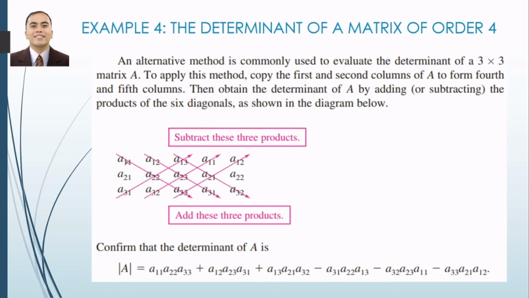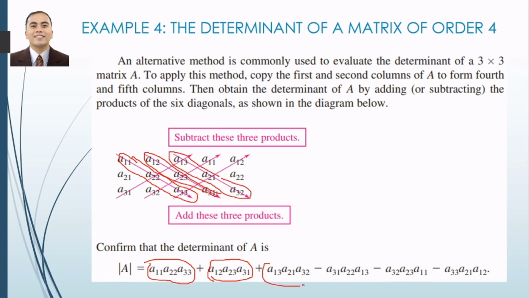So we have here A sub 1 1 times A sub 2 2 times A sub 3 3. Plus A sub 1 2 times A sub 2 3 times A sub 3 1. Plus A sub 1 3, A sub 2 1, and A sub 3 2.